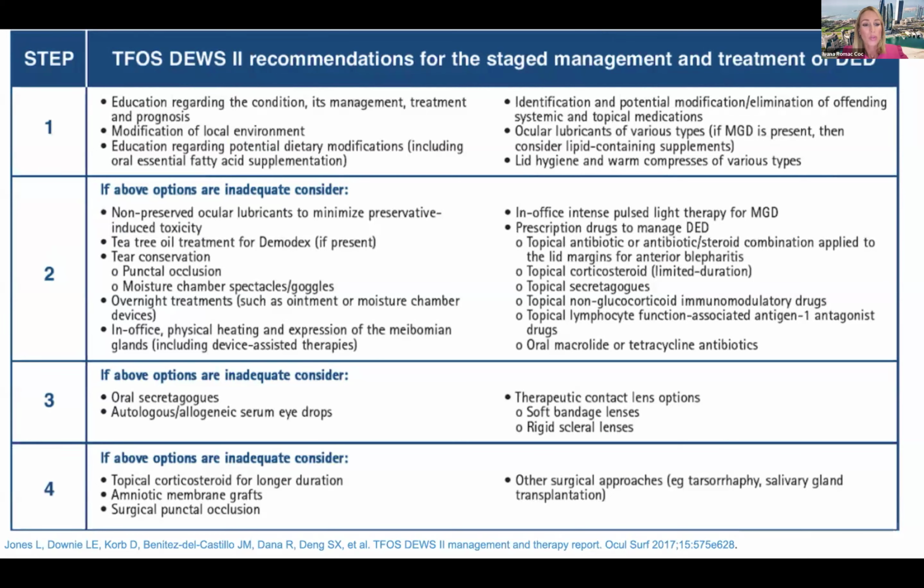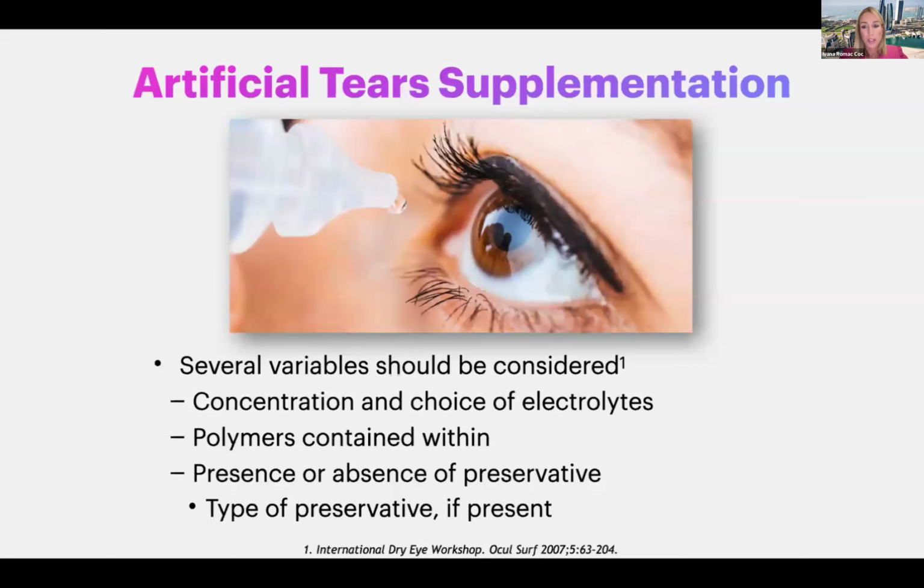Step 3 includes treatment with oral secretagogues, autologous serum drops, and therapeutic contact lenses. And step 4 is reserved for refractory dry eye disease, for cases which may require long-term topical steroids, amniotic membrane grafting, or surgical interventions like surgical punctal occlusion or tarsorrhaphy.